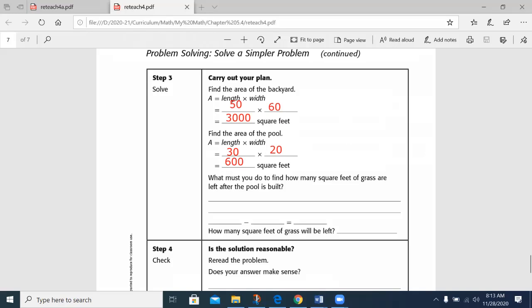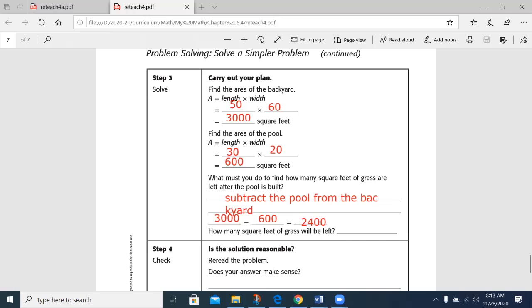So what do we have to do? We now have to subtract the pool from the backyard. How much will be left? We have 3,000 minus 600. I'm going to write that here too. That'll give us 2,400.